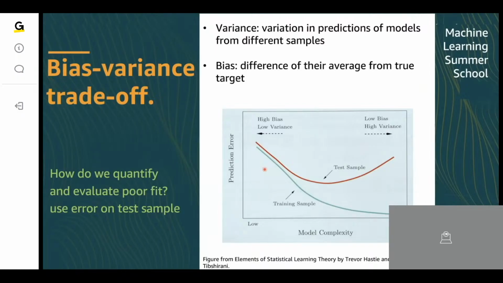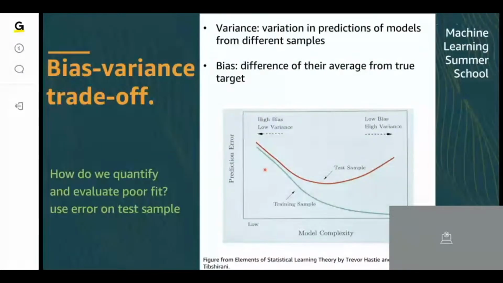You should never use the test sample. Train on the training sample, learn a model, and then use the performance on the test sample to determine if it is good enough or not.